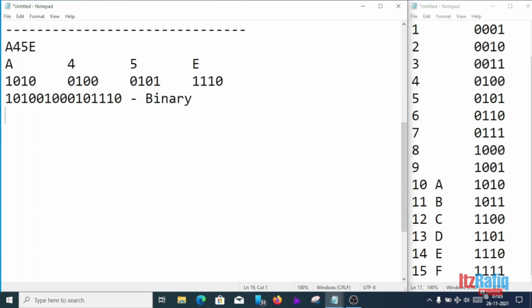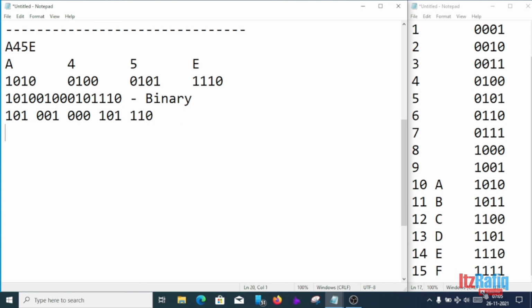Now if we want to convert this hexadecimal number into octal, then what we will do, with the same binary number we will make groups of 3 numbers from the right hand side. So from this side we'll make the groups: this one group, this is the second group, third group, fourth group, and the fifth group.